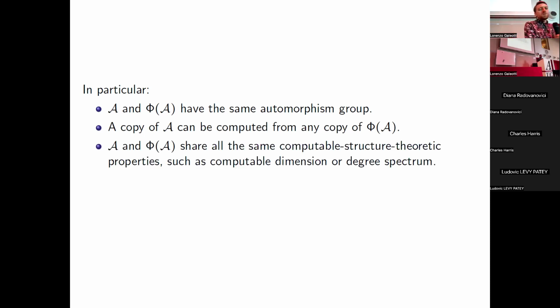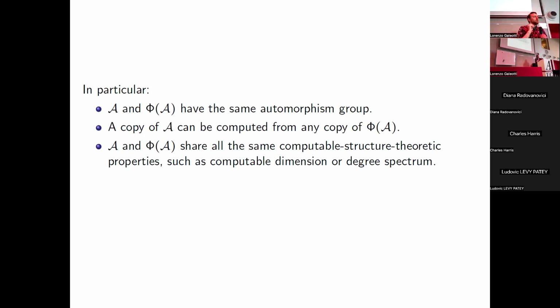And then these two structures, the original structure and the one you produced from it, really share all the same computable structure theoretic properties. So if you're a computable structure theorist, you have lots of properties that you know. They're going to share all of those. In particular, there's things like computable dimension or degree spectrum.